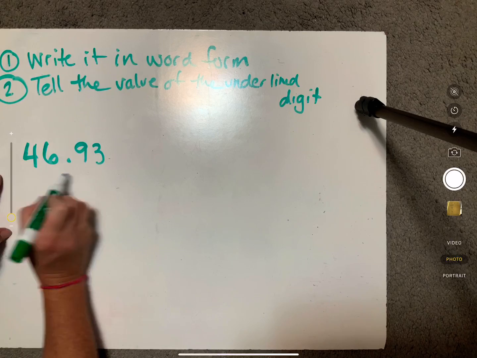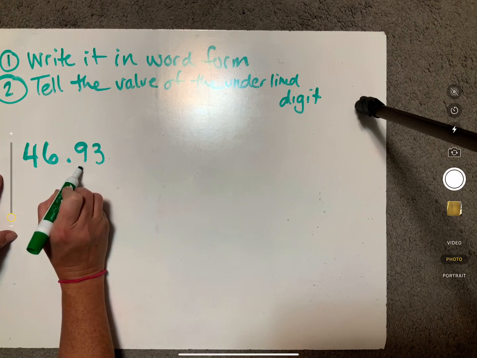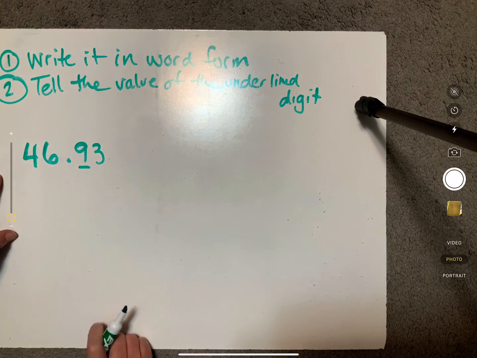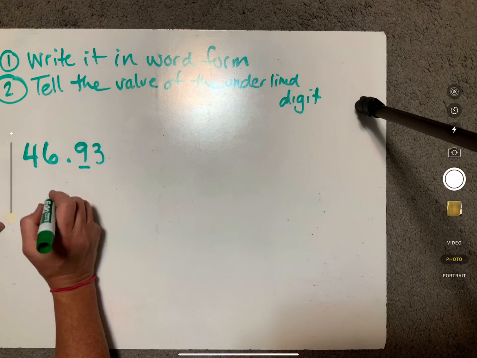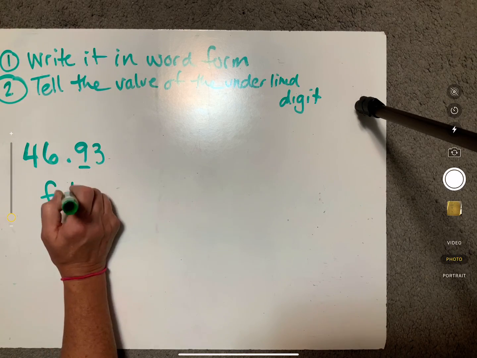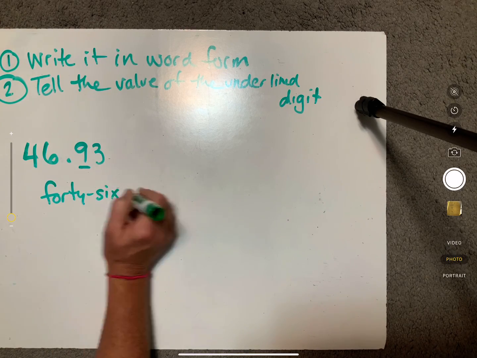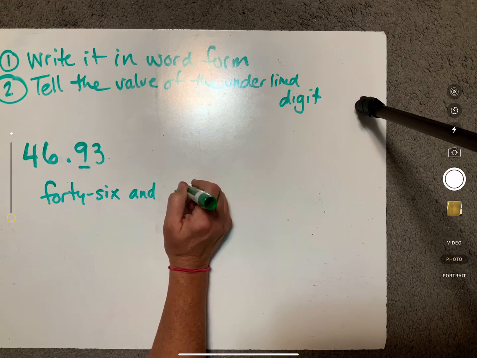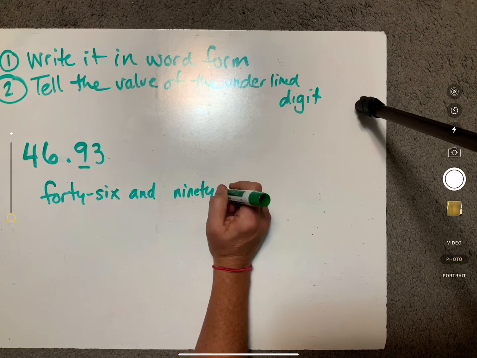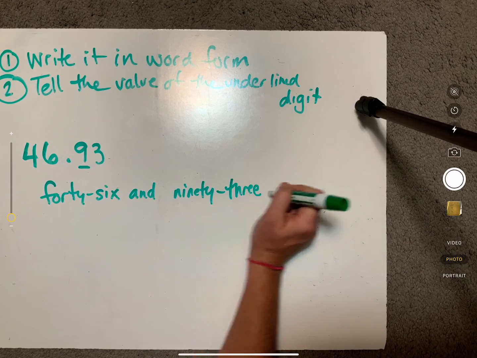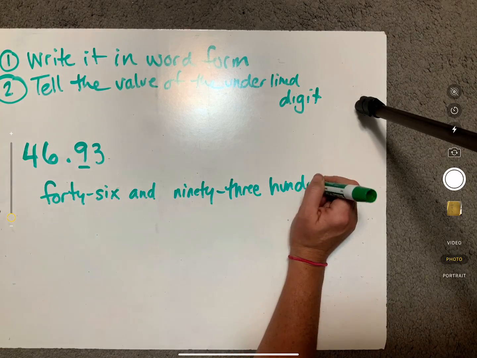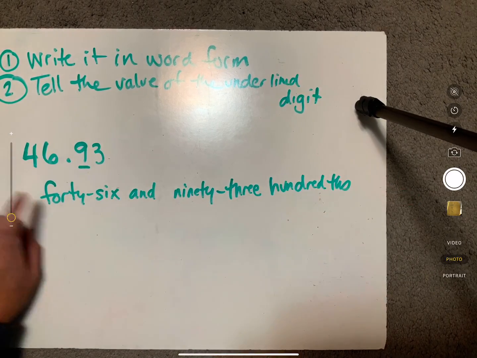Let's say that this number is the underlined digit. So step 1, I need to write 46 and 93 hundredths. Okay, so that's my word form.